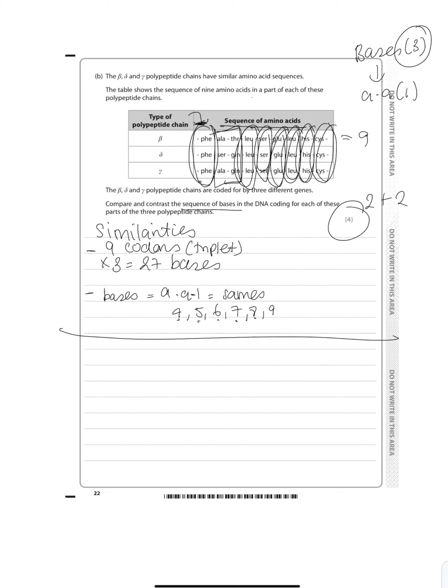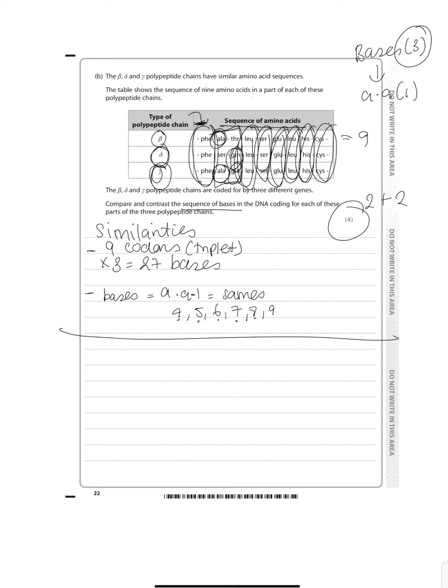Right. But if you wanted to go a step further and say, well, actually, if we look at the beta chain and the gamma chain, they've got the same amino acids for number 2. And if you can have a further look and say, well, delta and gamma, you've got the same amino acids here.